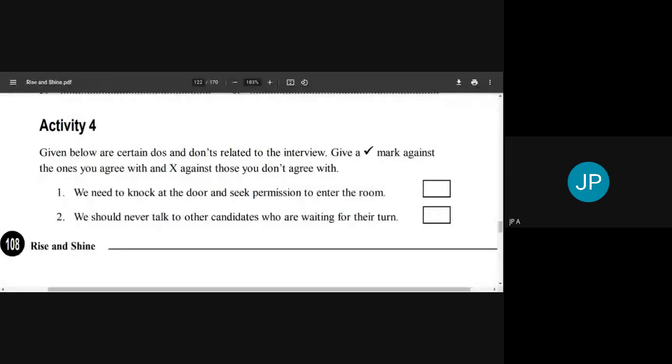They will ask us about our strength and also about our weakness. Telling about our strength is easy, but telling about our weakness is difficult.